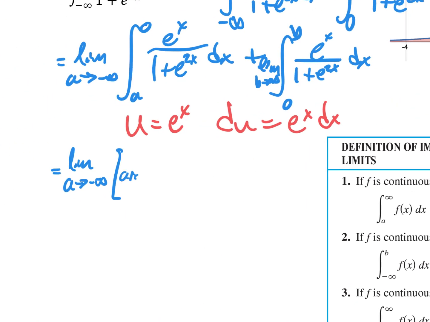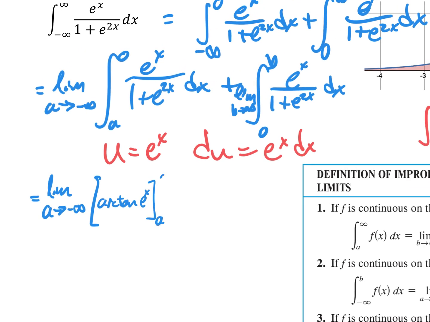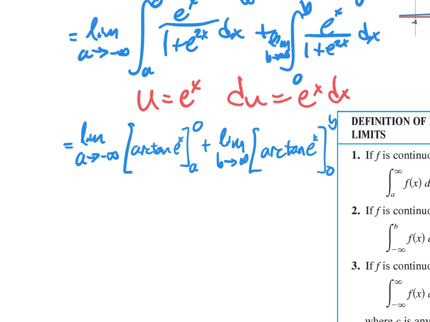So this is arctan e to the x from a to 0 plus the limit as b goes to infinity of arctan e to the x from 0 to b. Okay? So there we have it.